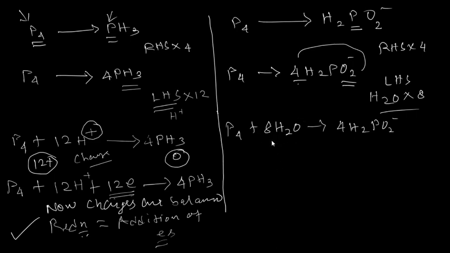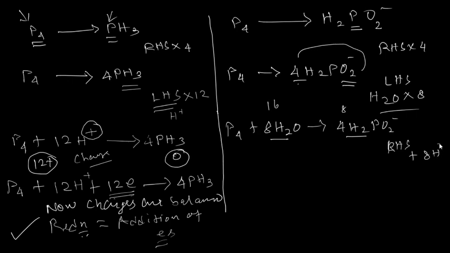We have to balance the hydrogen now. On the RHS side, we have 8 hydrogens. On the LHS side, we have 16 hydrogens. So we have to add 8 more hydrogens on the RHS side. As we already know, to balance the hydrogens, we have to add H plus ions.